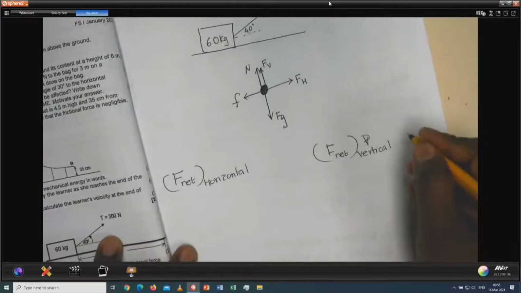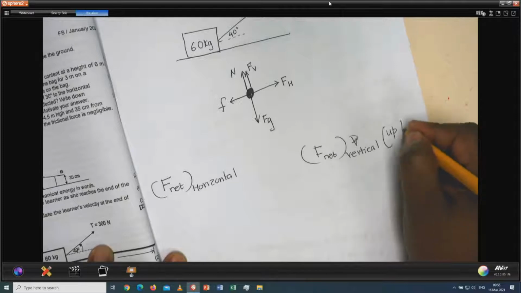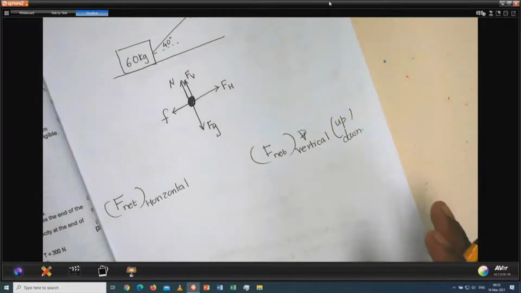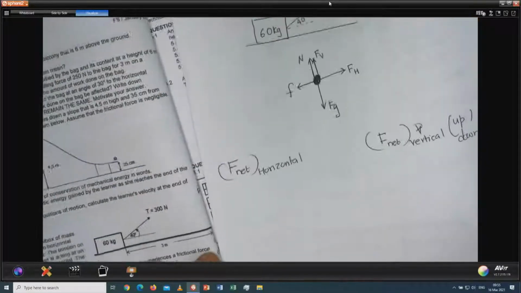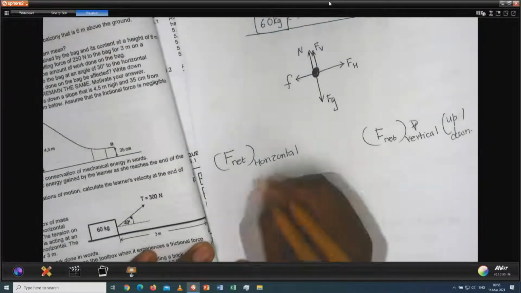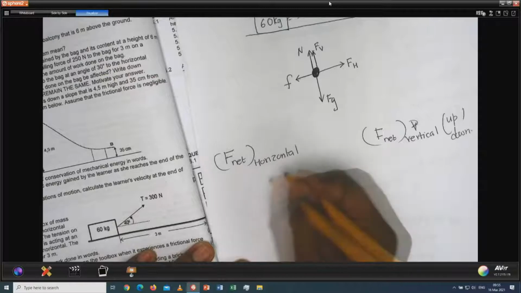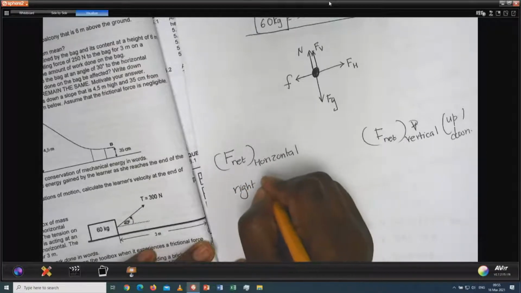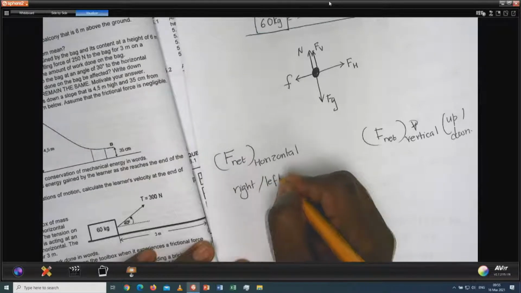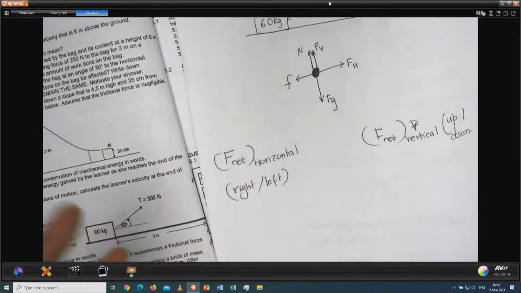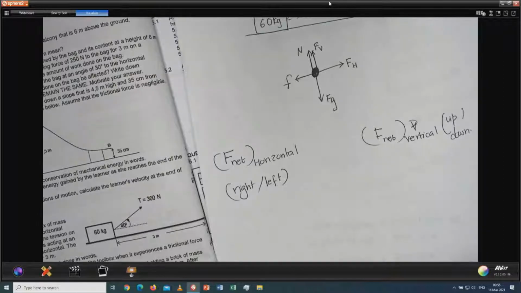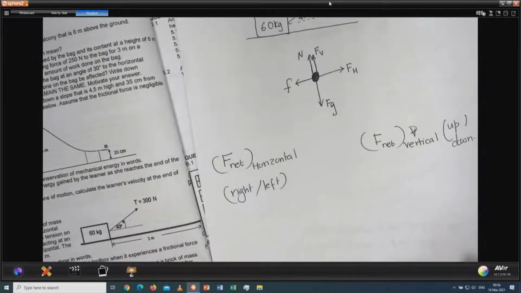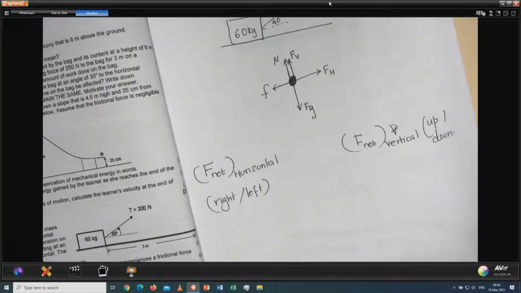Vertical referring to up or down, and horizontal being right or left. So you can get the same question, but now instead of being given friction, you are given the coefficient of kinetic friction.